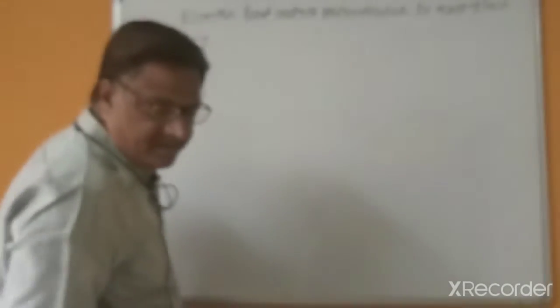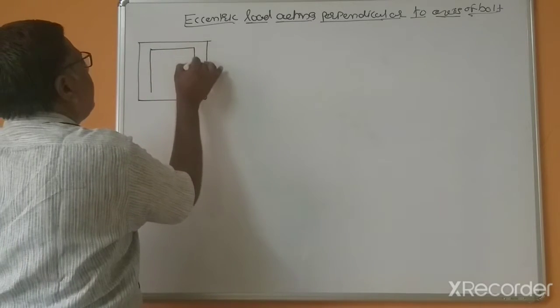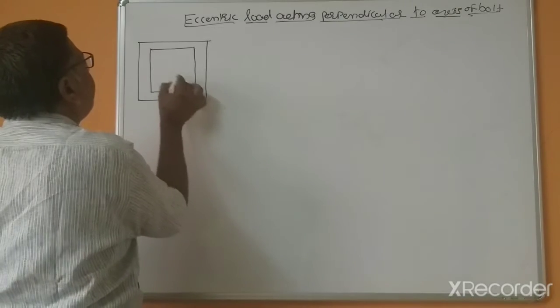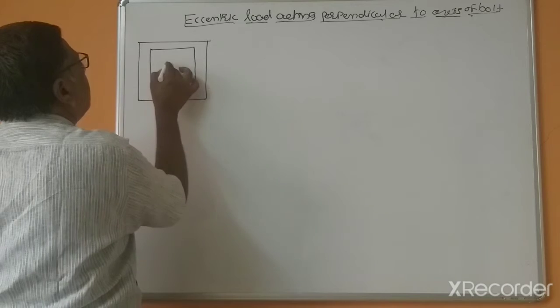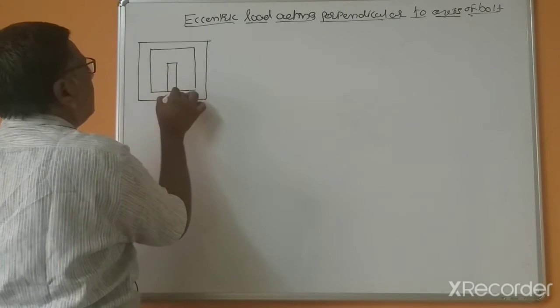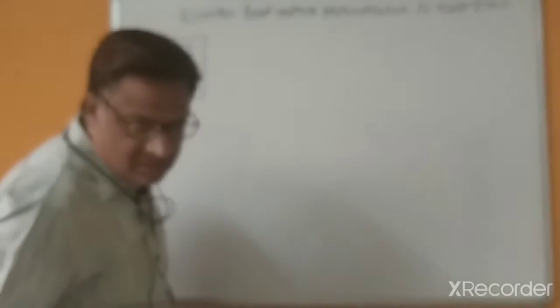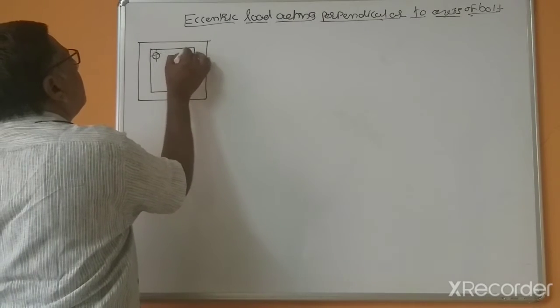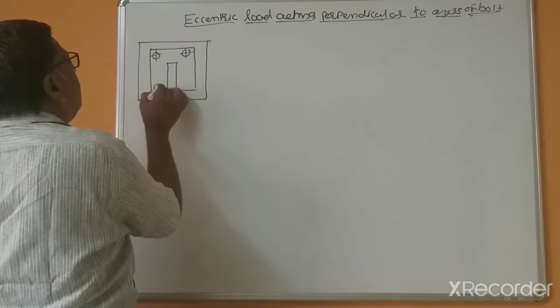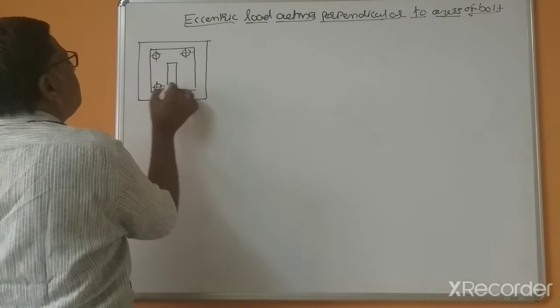So in this arrangement, this is a plate and this is a bracket, and here there are 4 bolts.